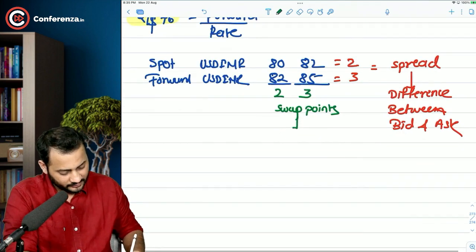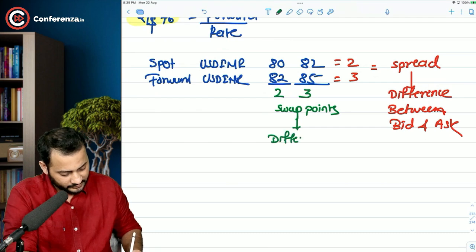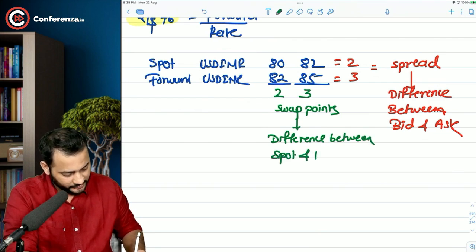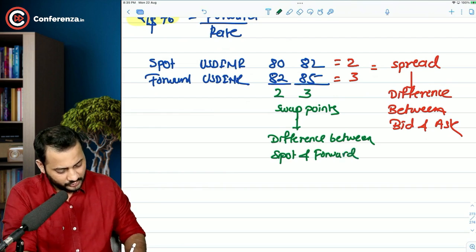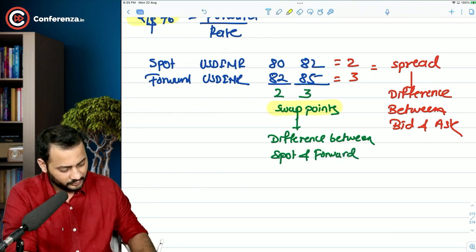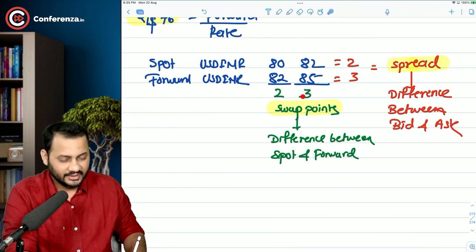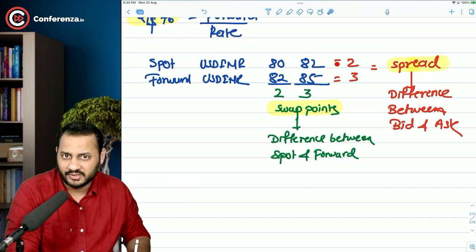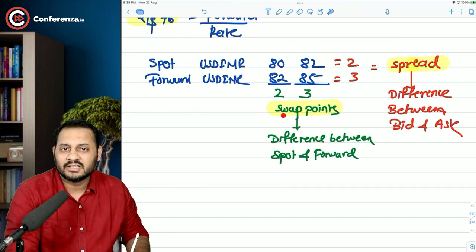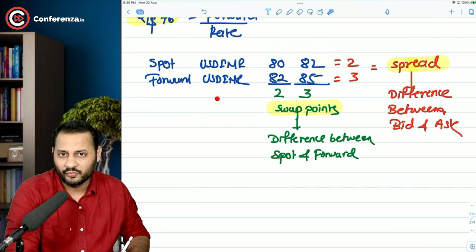And this is nothing but the difference between spot and forward. So it depends upon what exactly these points are. If these points are spread, then it is for the bid to ask conversion. And if these points are swap, it is from spot to forward conversion.